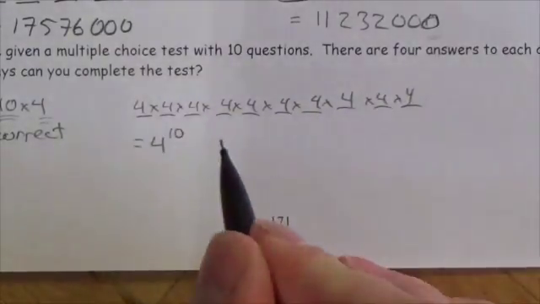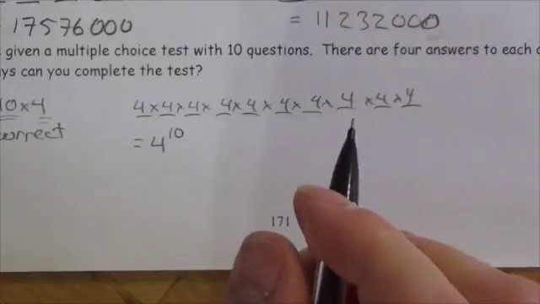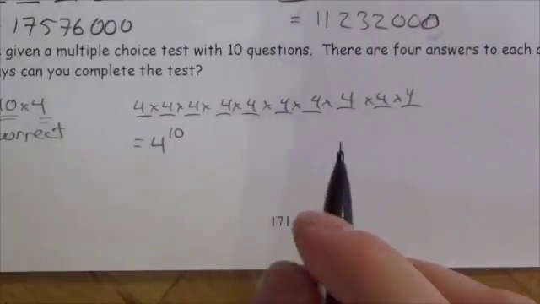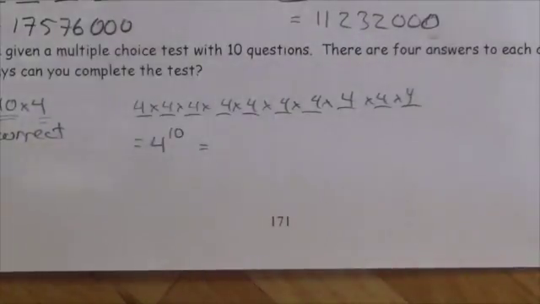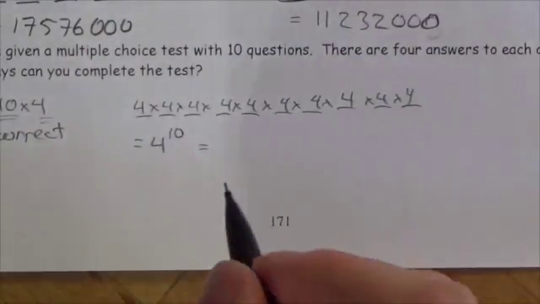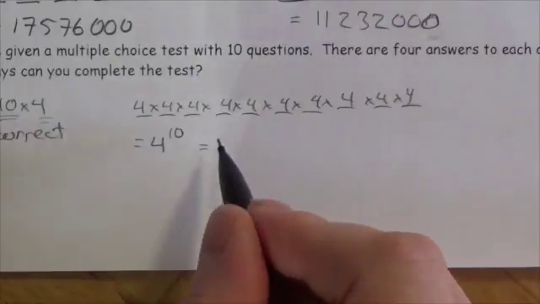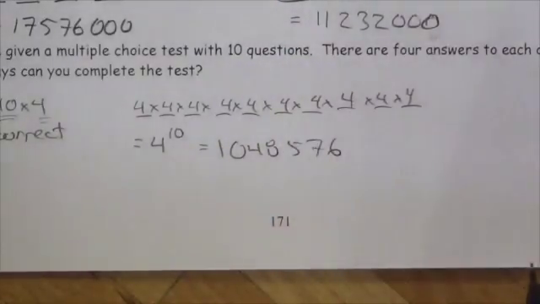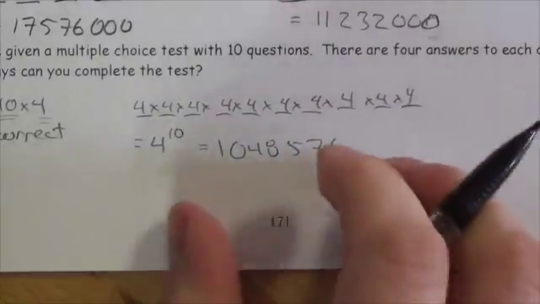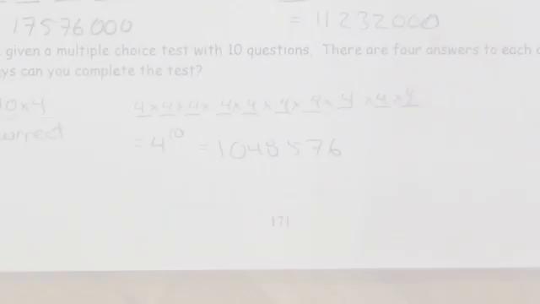Or 4 to the 10. Now we just go to our calculator here, 4 to the 10, and the number of different ways that you could, like if you were just randomly putting these things on there, looks to be 1,048,576 different ways that you could complete or fill in the multiple choice portion of that quiz.